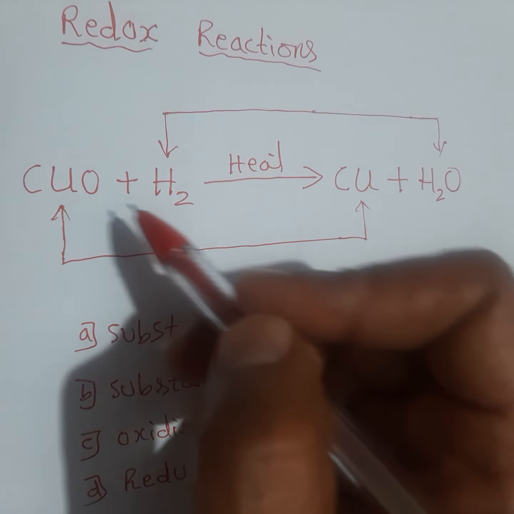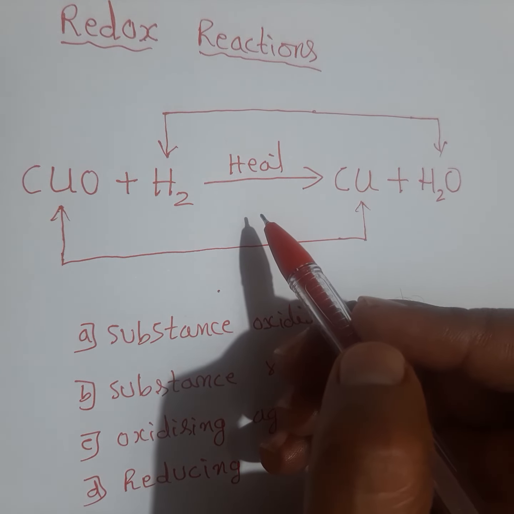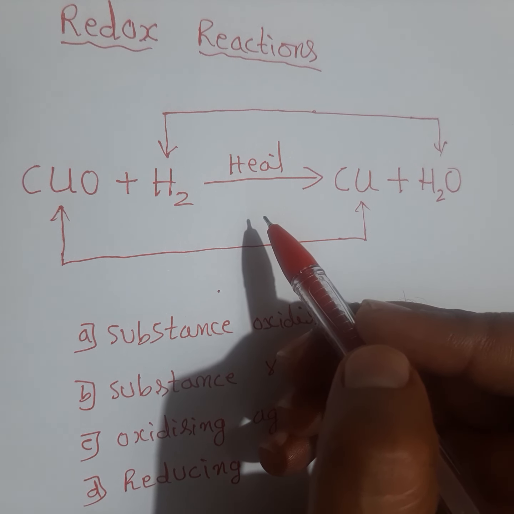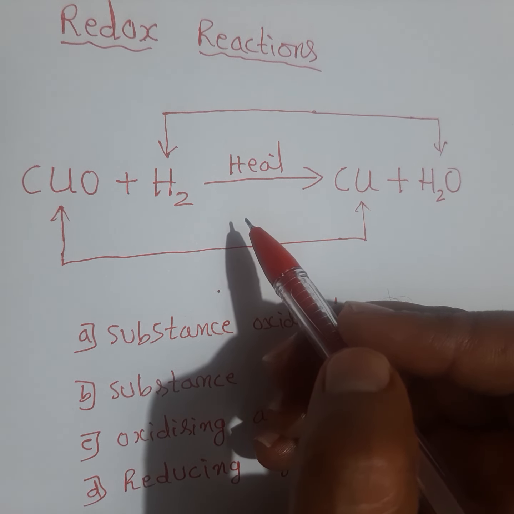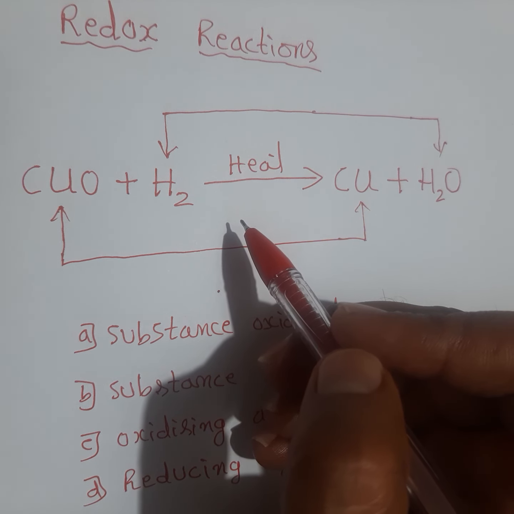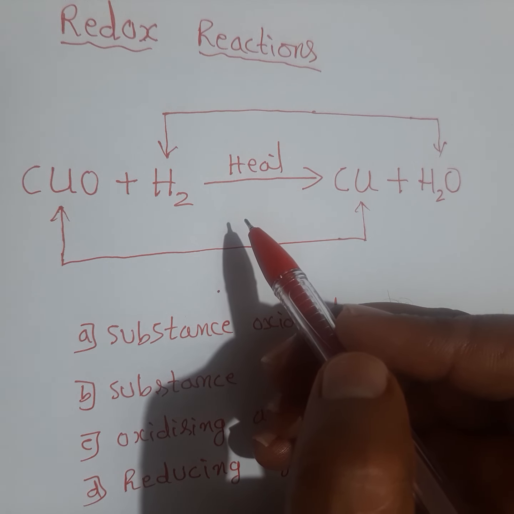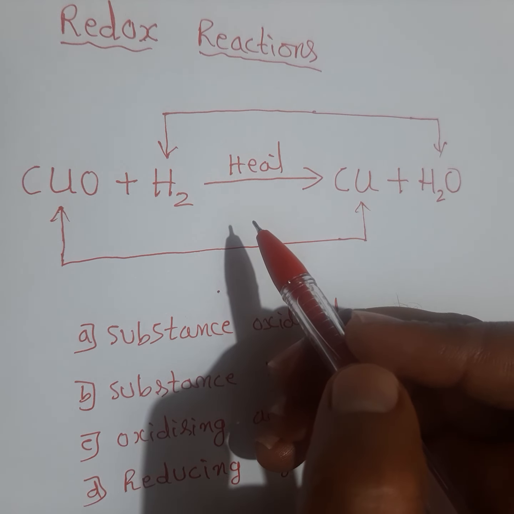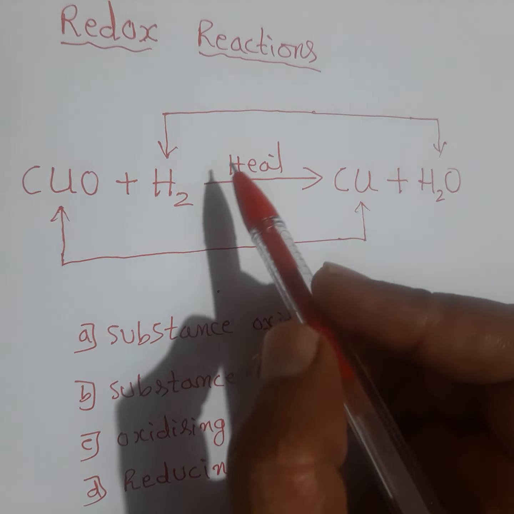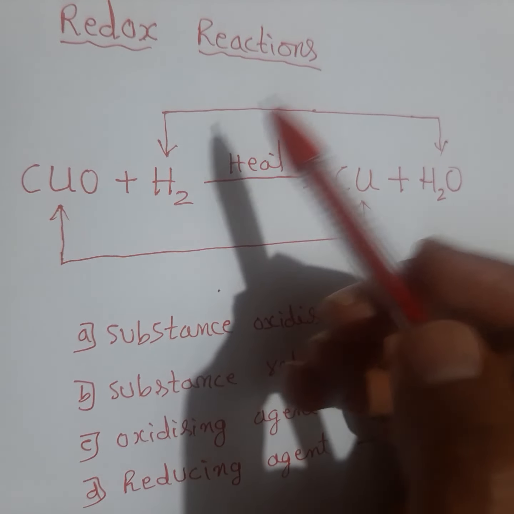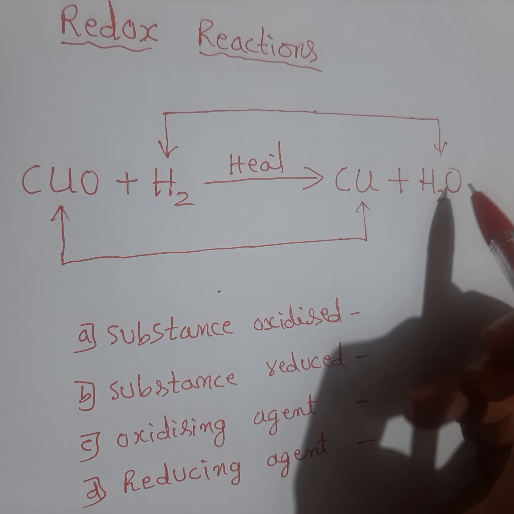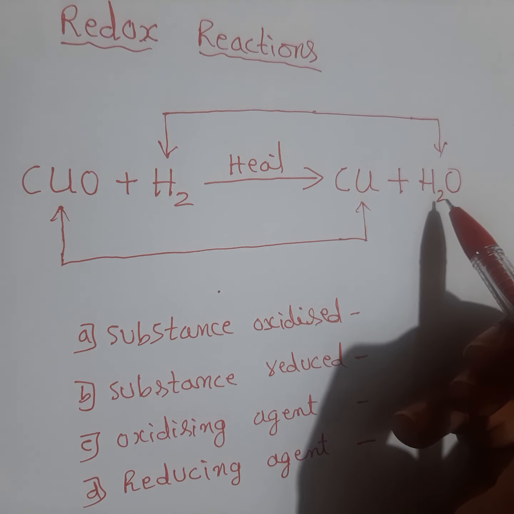With an example equation, we learn how redox reactions work. Here I have an equation, which is also given in your textbook. Here both oxidation and reduction take place. If you look here, hydrogen is getting oxygen and converting into water.